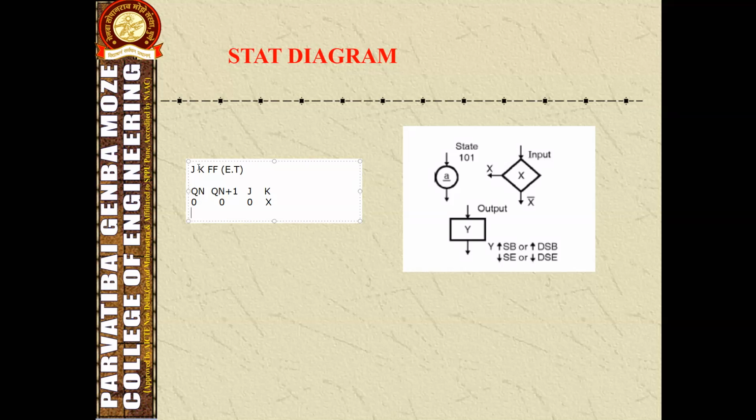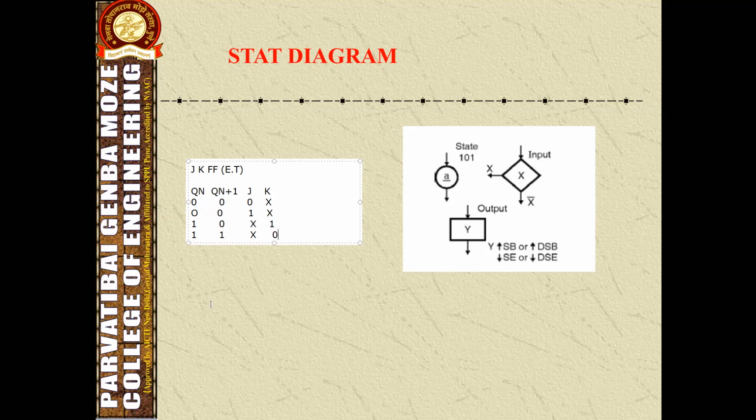J compulsorily should be 0 and K is undetermined. For 0 1, J should be high and K is undetermined. For 1 0, J should be undetermined and K is high, and for 1 1, J should be undetermined and K should be 0. So this is the excitation table for JK flip-flop.